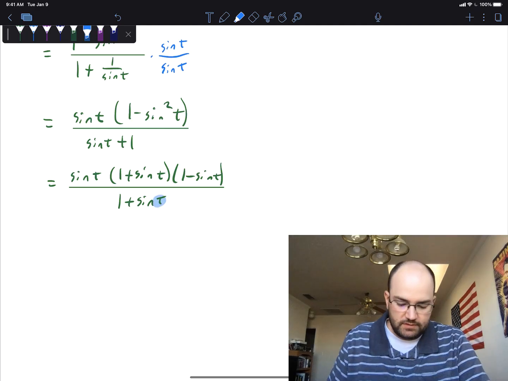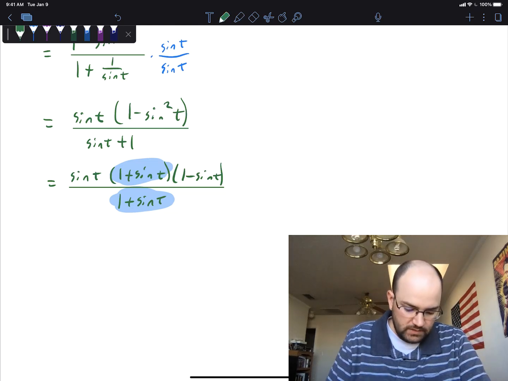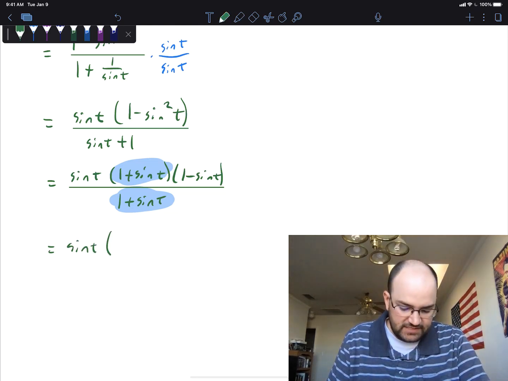In other words, there's now a common factor between this and this. They will cancel each other. So we're just left with the sine of t times 1 minus sine of t.